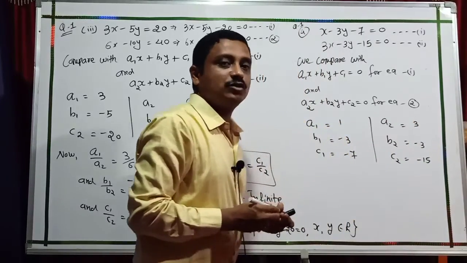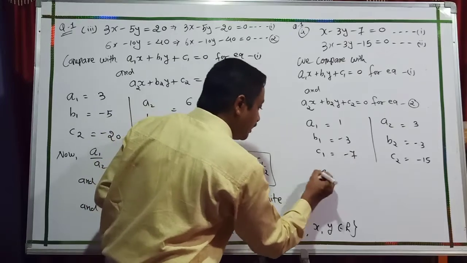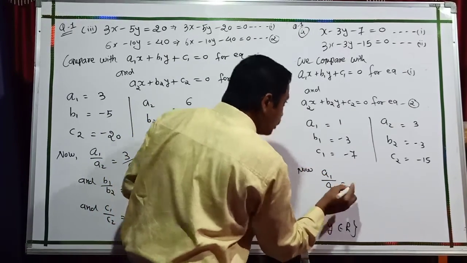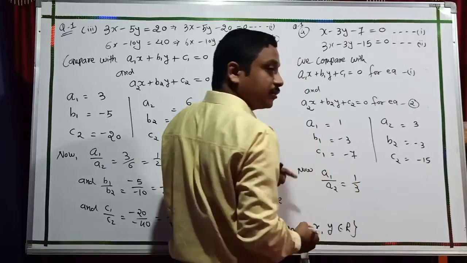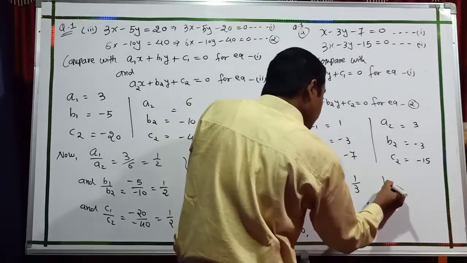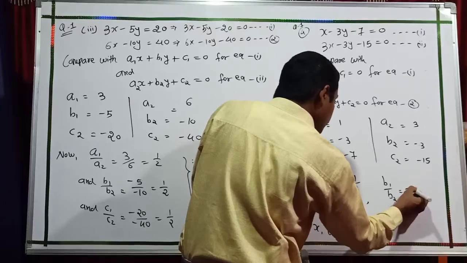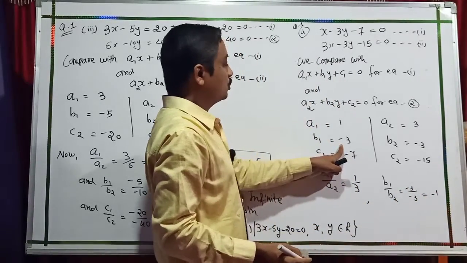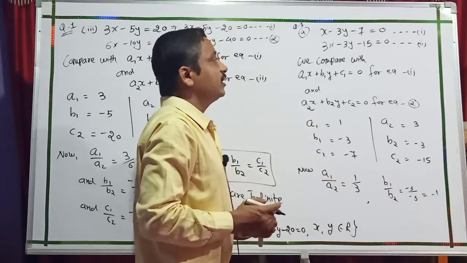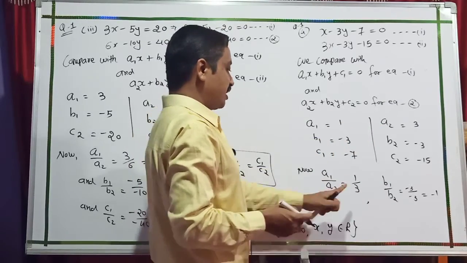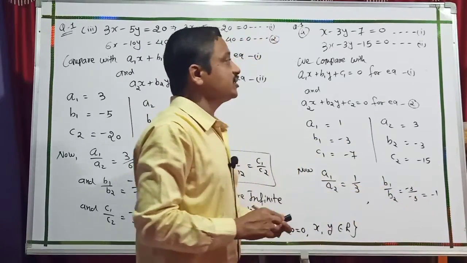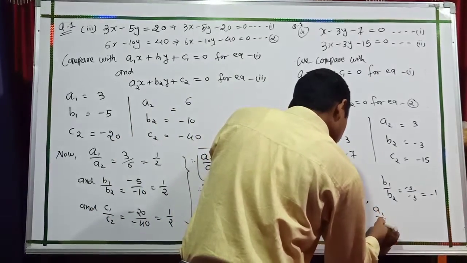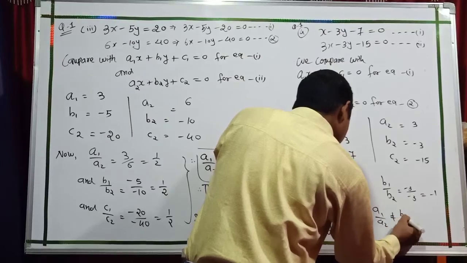Now students, you just find a1 by a2. It is 1 by 3. Next, b1 by b2: minus 3 and minus 3, it is minus 1. And these are not the same. So a1 by a2 is not equal to b1 by b2.